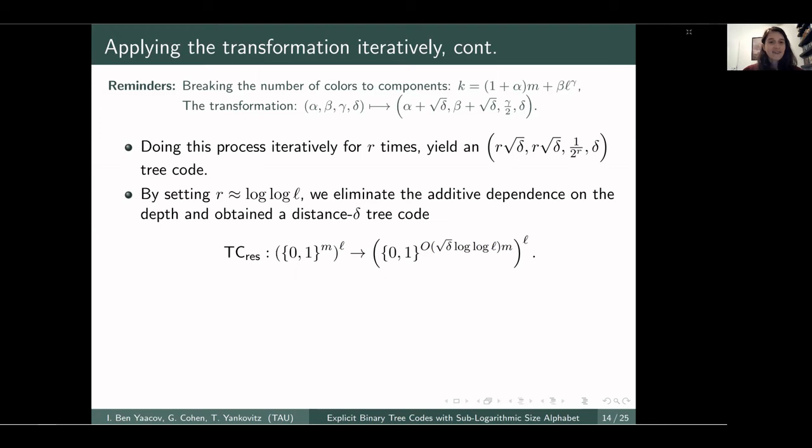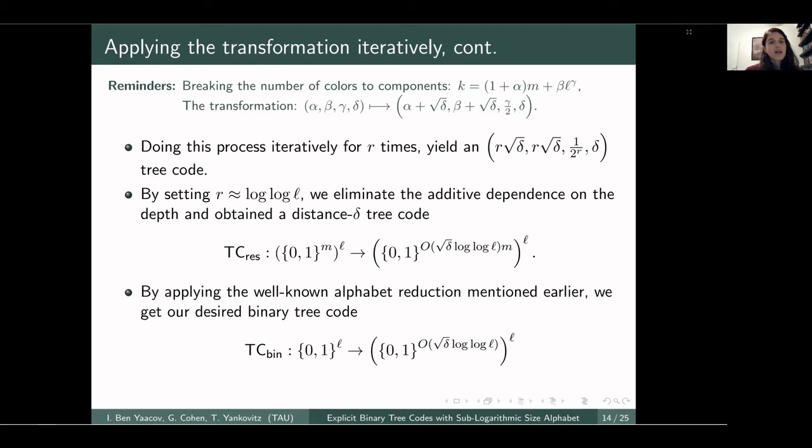And by setting r to be log L, we eliminate the additive dependence of the number of colors on the depth and obtain a distance delta tree code with an arity of 2 to the m and 2 to the O of square root of delta log L times m number of colors. As a last step, we get our desired binary tree code by applying the well-known arity reduction mentioned earlier.